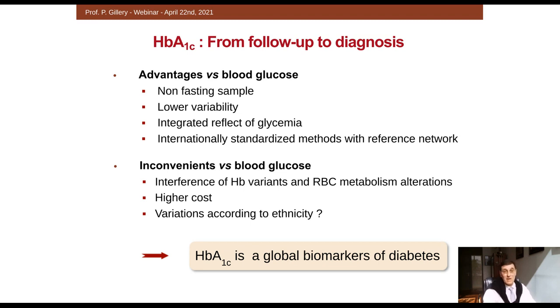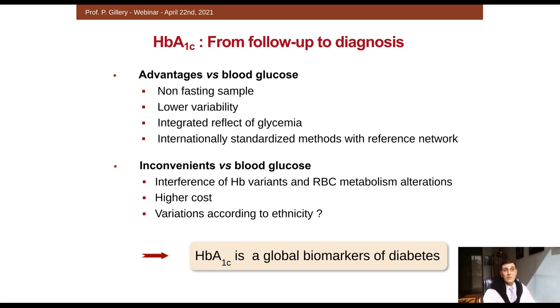However, there are some inconveniences. The results of HbA1c may be subjected to interferences. We have seen the examples of HbA variants and red blood cell metabolism alterations. The cost of HbA1c is higher than that of glucose, and variations were demonstrated according to ethnicity.